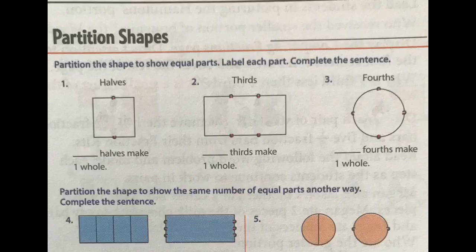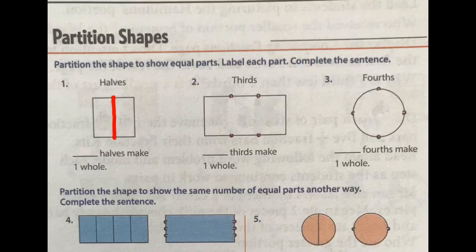So the first thing we're going to do is partition the shape. So look at number 1. It says halves. Now, they were nice enough, they gave us dots that we could use as guides. So let's connect the dots and divide our square into 2 equal pieces, 2 equal parts. Then let's go down to the bottom underneath that square and finish the sentence.